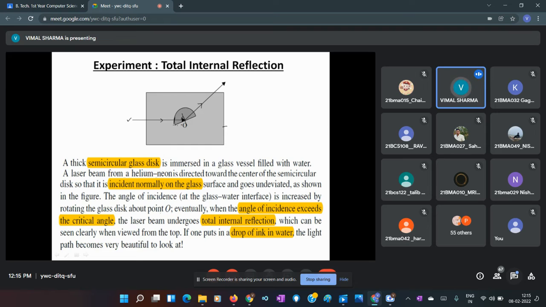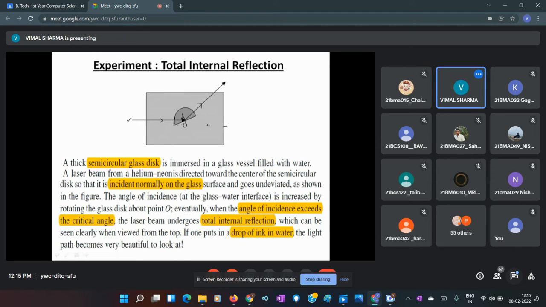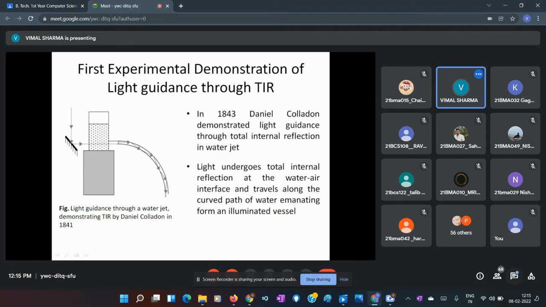You can add some color to this water so that you can see a very beautiful, colorful image of this laser beam bending from the interface. You'll see no light here, no laser beam in this direction, and it is totally reflected to this. So you should try this at home. I'm not saying don't try it at home. You should try this at home, if it is possible to arrange these things.